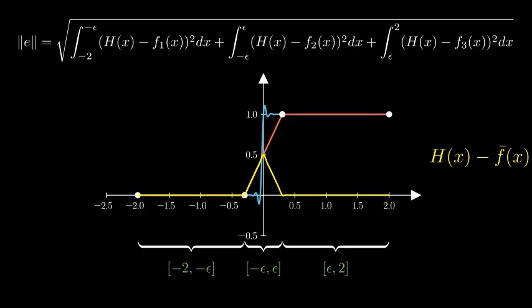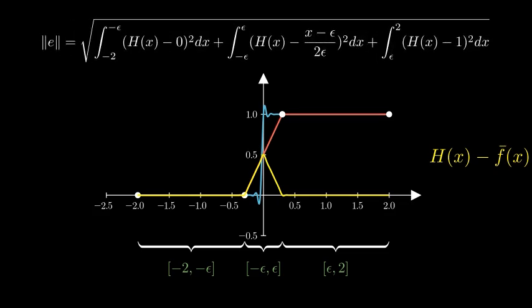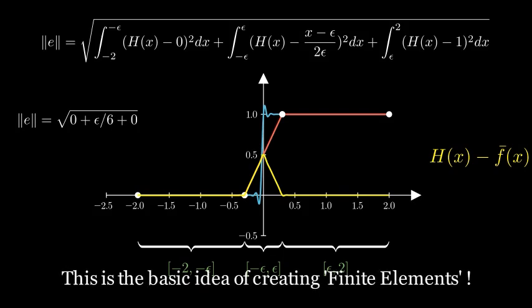We can figure out the fitting functions by some minor calculations, and then we can also use those functions to calculate the error values. So the contribution in the first domain will be 0. In the second domain, the error contribution will be epsilon by 6, and in the third again 0. So this gives the basic idea of creating finite elements so that we can keep the errors local.